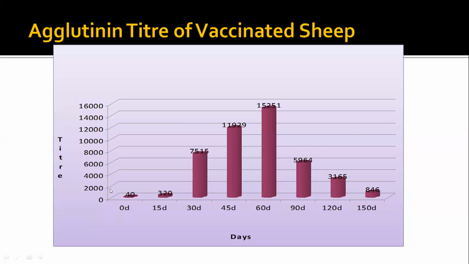Around 3,000 is the protection titer, and from 30 days onwards we give this vaccine subcutaneously, and the booster dose is given after 1 month. It protects the animal for up to 6 months.